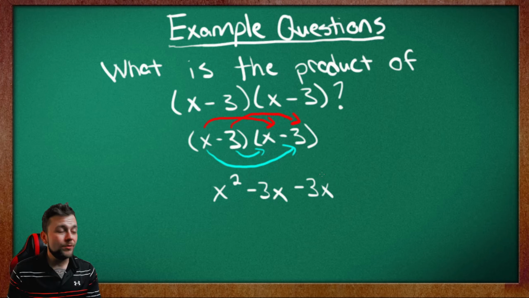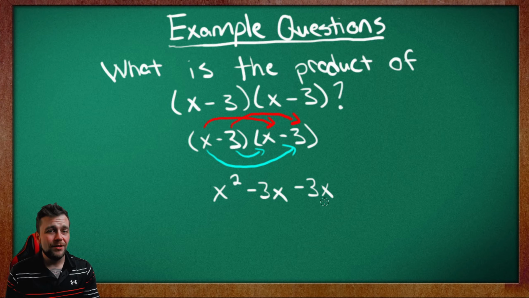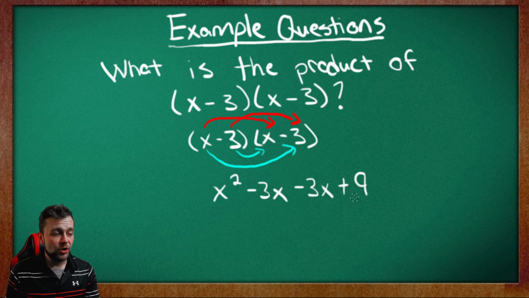You have two negative numbers. What's a negative times a negative? I'm asking you a bunch for a reason, right? It's not a negative 9. It's a positive 9. The negatives cancel each other out, and you're left with a positive 9.